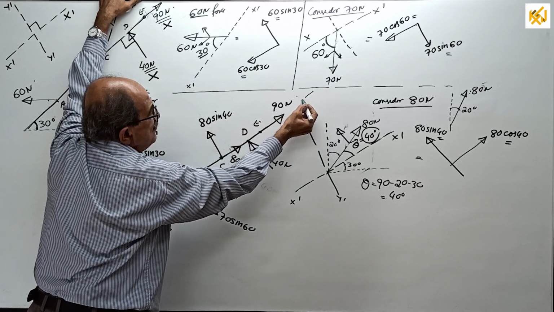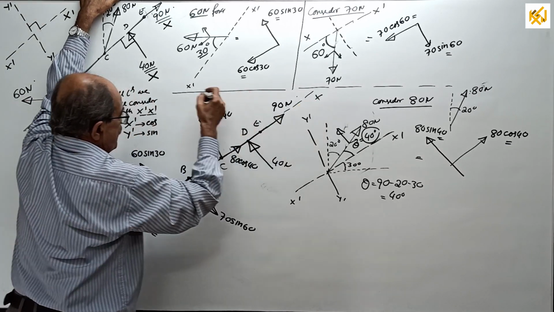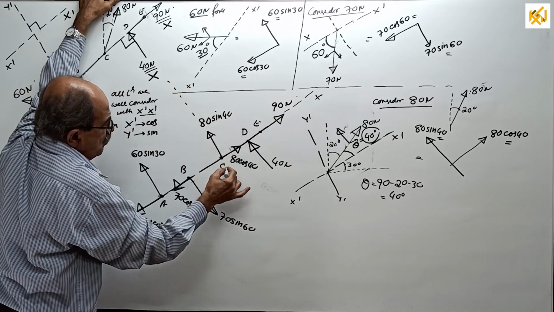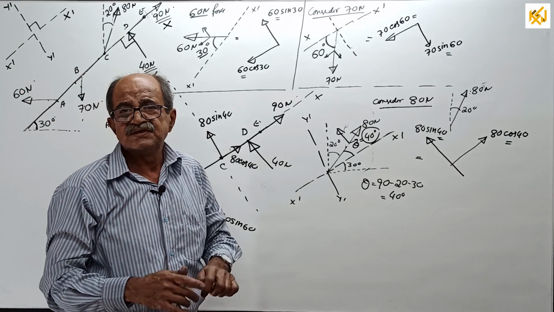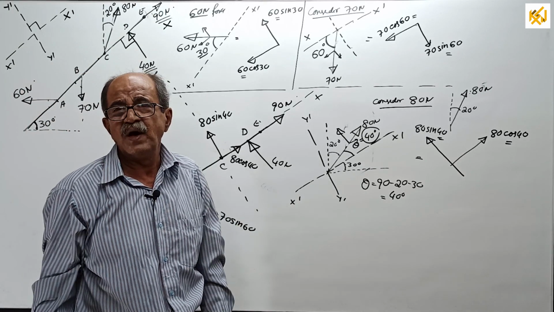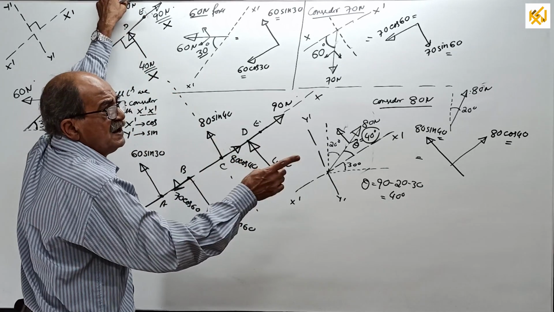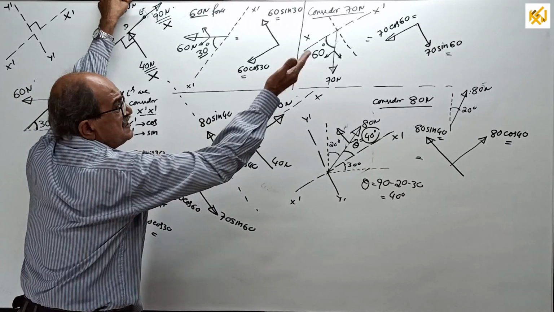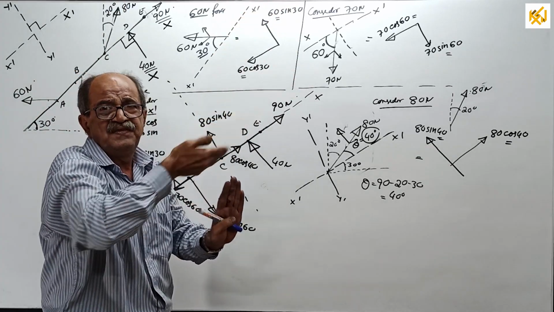So this is your x dash, and remember this is y dash. Now suppose you want to find the net force. I'll just briefly tell and conclude now. Suppose you want the resultant force along x dash, then you have to consider either that side positive or this side positive.